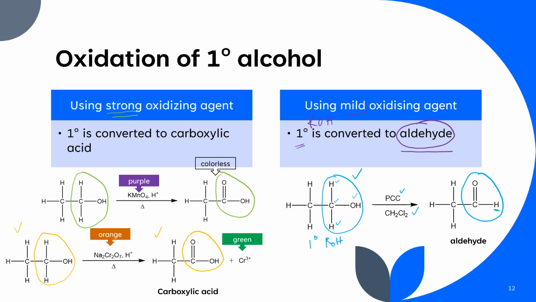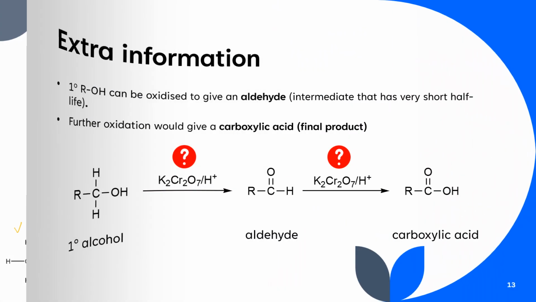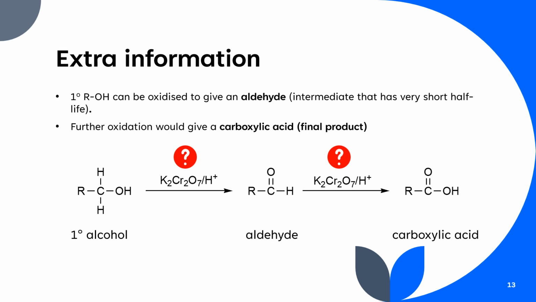C double bond O, H only, which is an aldehyde. Okay, so you must remember, with a strong oxidizing agent, primary alcohol will be converted to carboxylic acid. If we use a mild oxidizing agent, the primary alcohol will be converted to aldehyde.